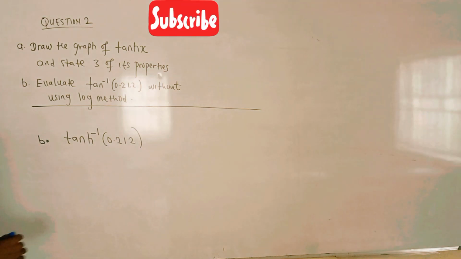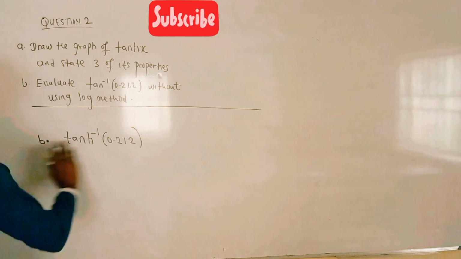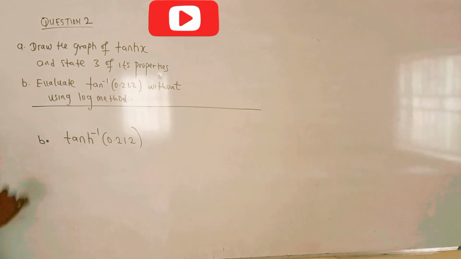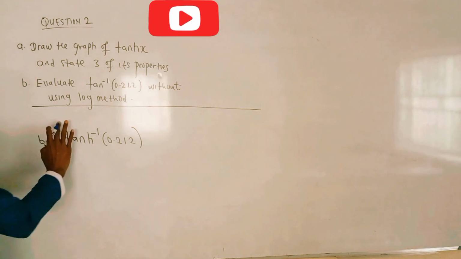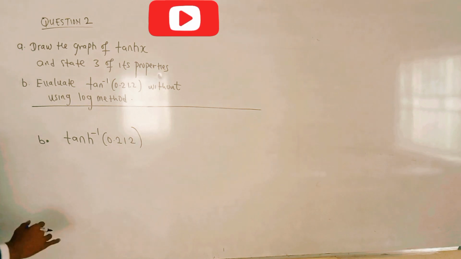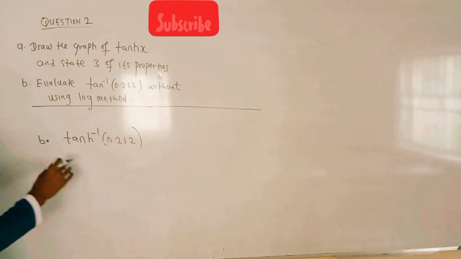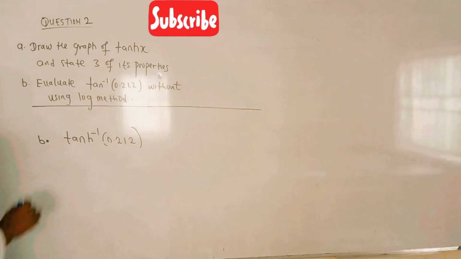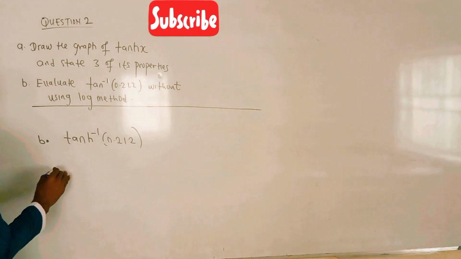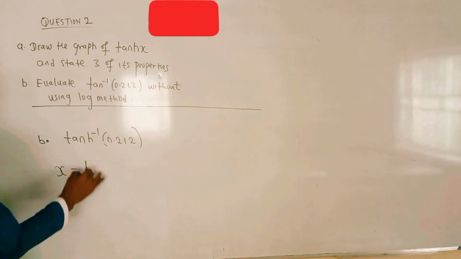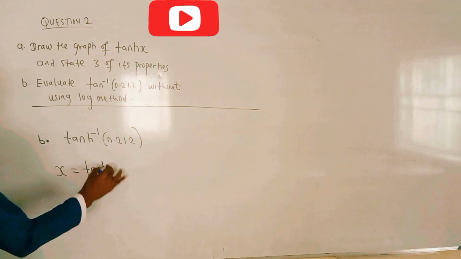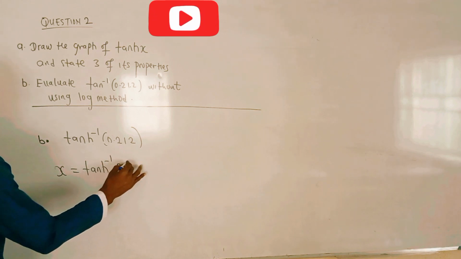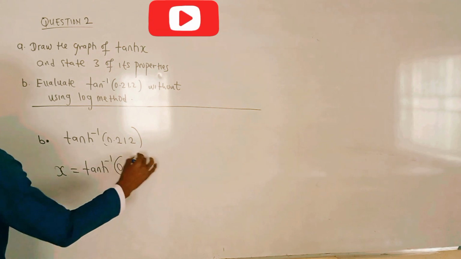Okay. So now we're going to call this whole function x, because there is no variable here at all. So we're going to let the whole question be equal to what? X. So my solution goes this way: x equal to tanh inverse of 0.212.